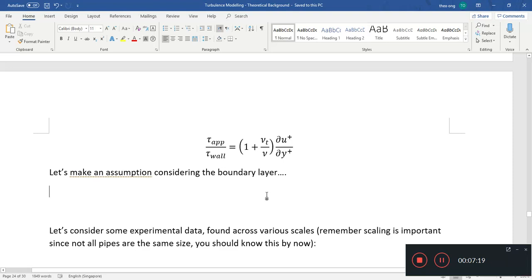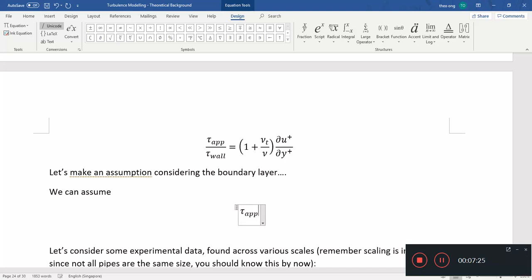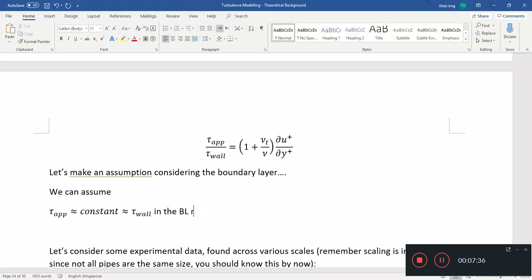So we can assume tau apparent is approximately constant and approximately equals tau wall in the boundary layer region, close to the wall. And this is one of Prandtl's assumptions.